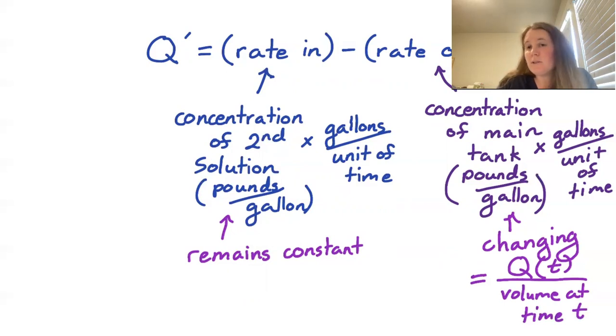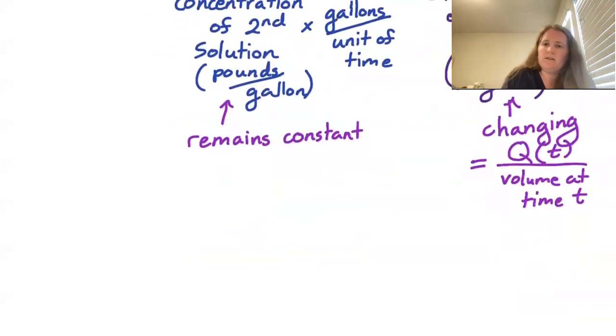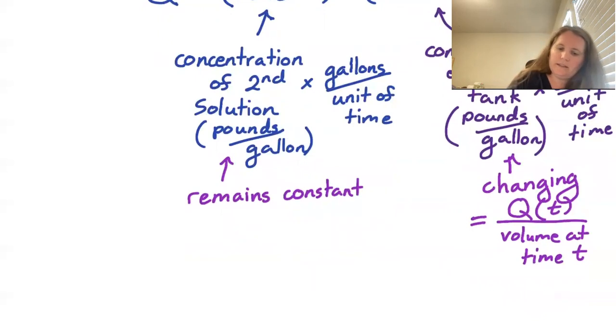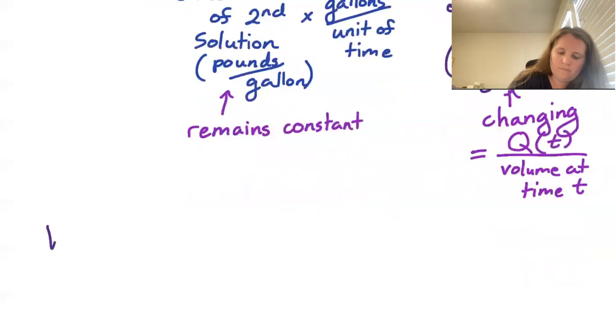So we will have two cases. We will have a case where the volume remains constant. So say we add 5 gallons per minute and drain 5 gallons per minute. We'll look at two cases.